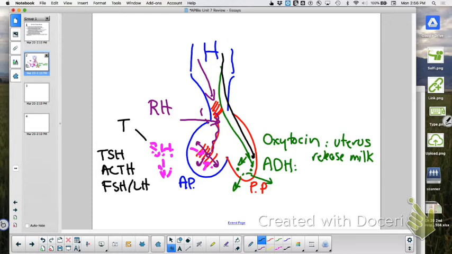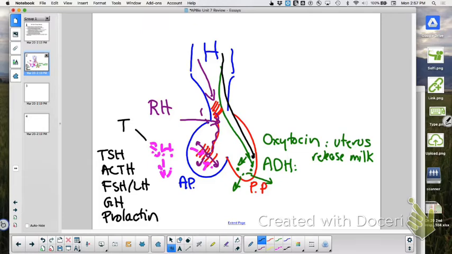Those are gonadotropins, they stimulate the gonads. Growth hormone. What does that stimulate? Muscles and bones. What else? Prolactin. Doesn't it have something to do with milk? Yeah, it makes the milk. One, two, three, four, five, six. I think you have another one on there.